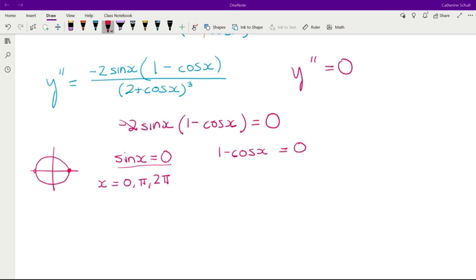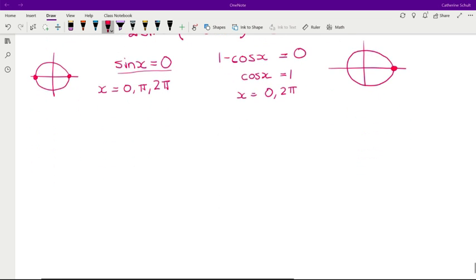The sine is 0 here. And if we add cosine to both sides, we want to know when the cosine is 1. And the cosine is 1 just right here. And on one period, that's 0 and 2 pi. So those are the zeros of the double derivative.